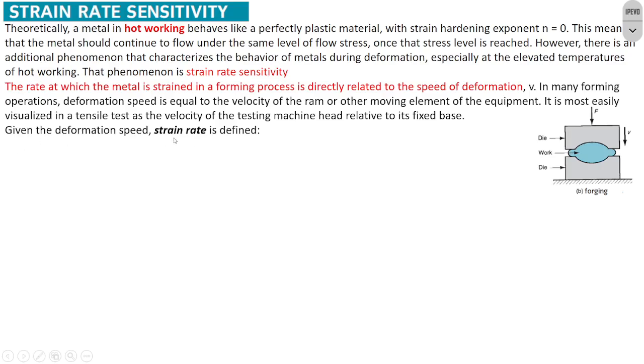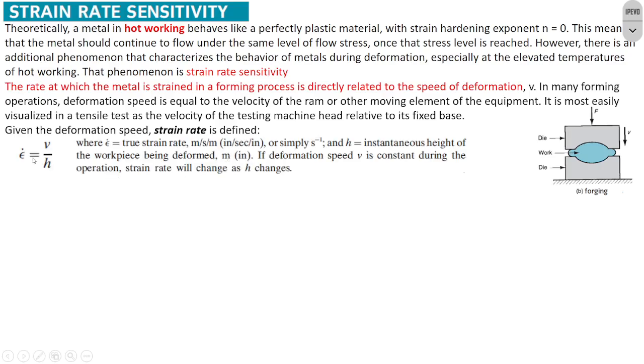Given the deformation speed, strain rate is defined. How? Strain rate, it is the deformation speed divided by h, where h is the instantaneous height of the workpiece.